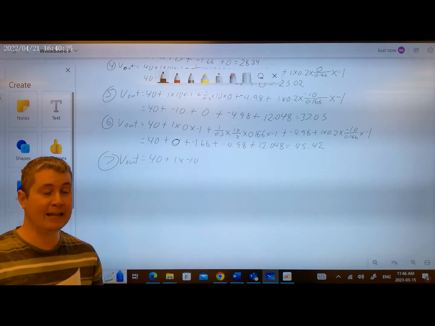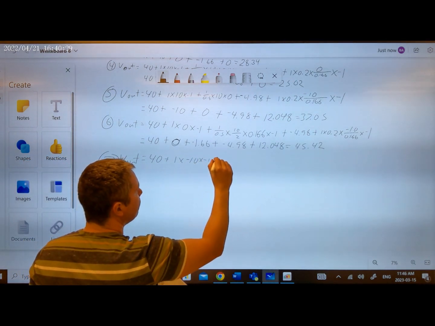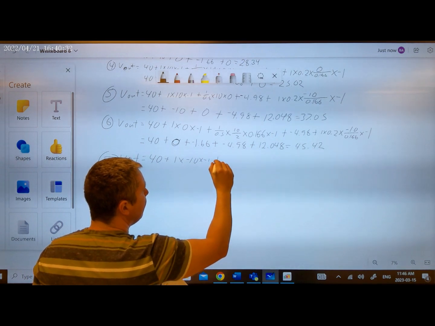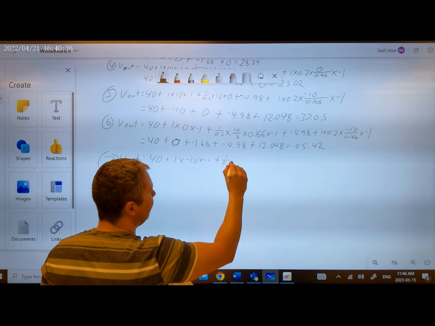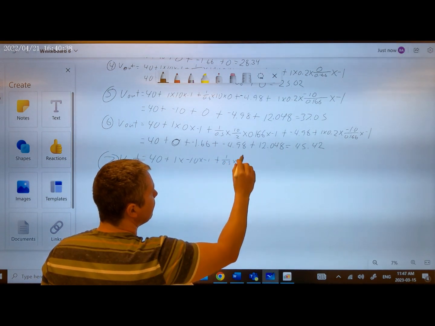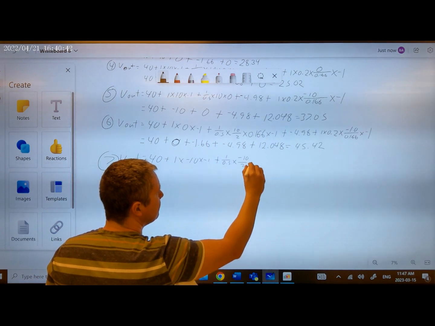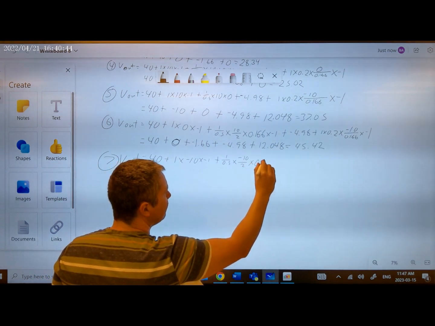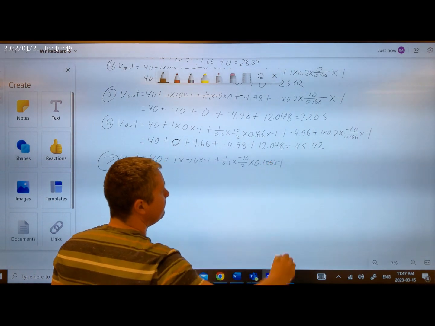So we have a negative 10 error times our direction of negative 1, plus our integral of 1 over 0.5 times an error of negative 10 over 2 times our time of 0.166 times negative 1.